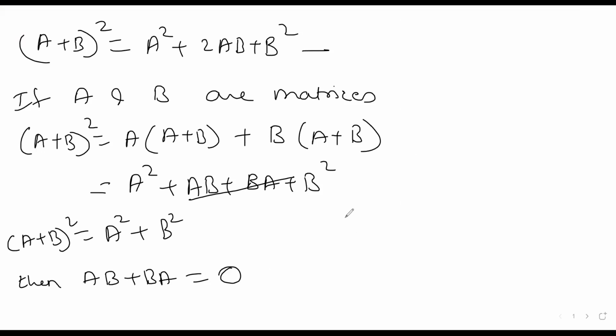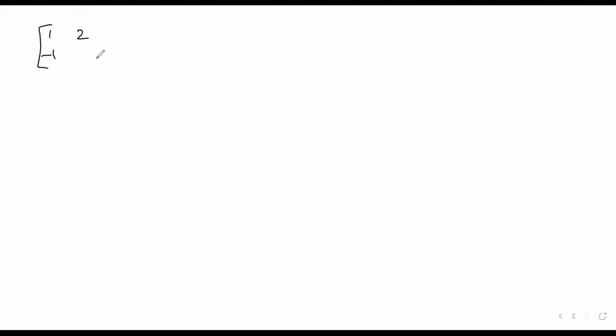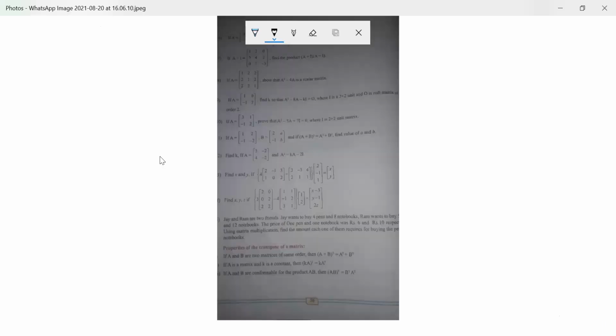So we have A, it is given by them: A is 1 2 minus 1 minus 2. B is also given: 2a minus 1b.